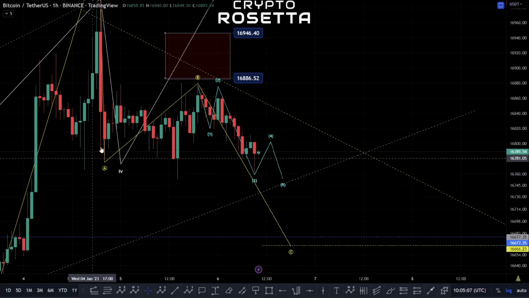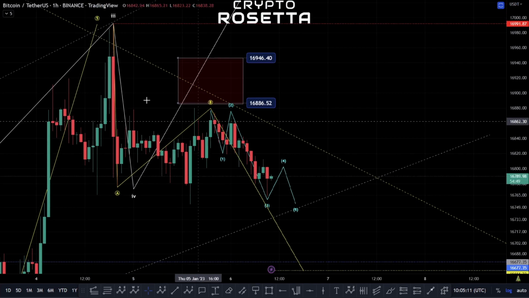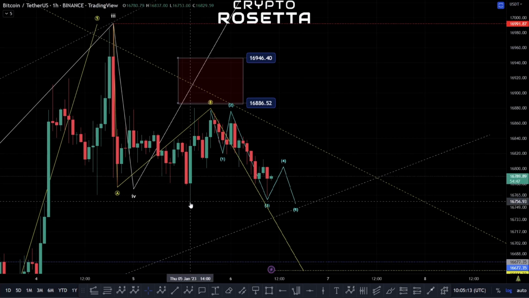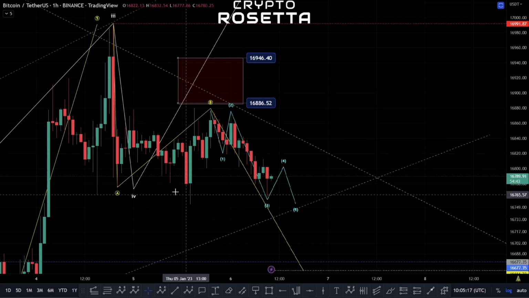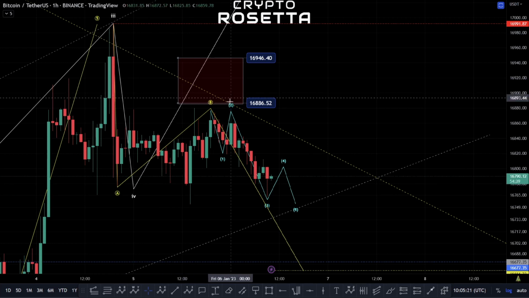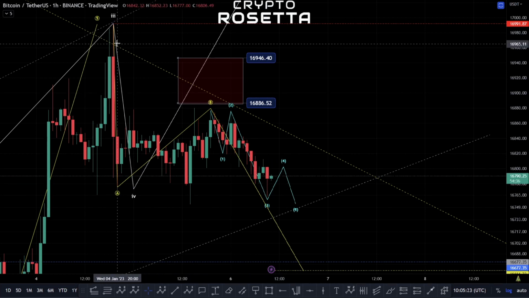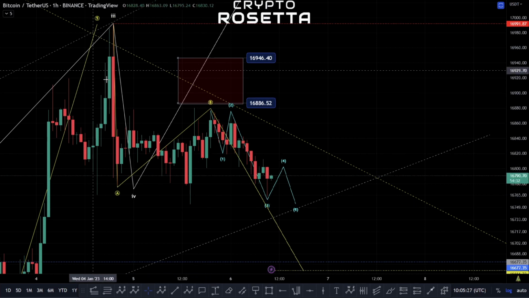However, there is also the potential that we could see some other structures developing in here, potentially a triangle where this is an A. No, we can't be a triangle into there because not unless it was expanding, where this is an A, B, C. Oh, we haven't actually come down past that.